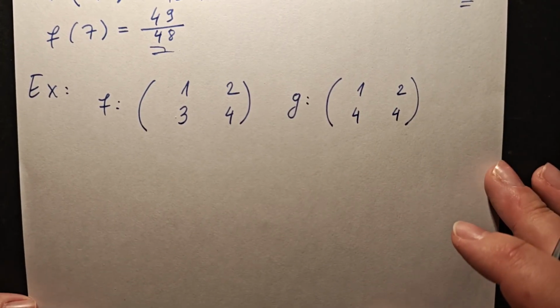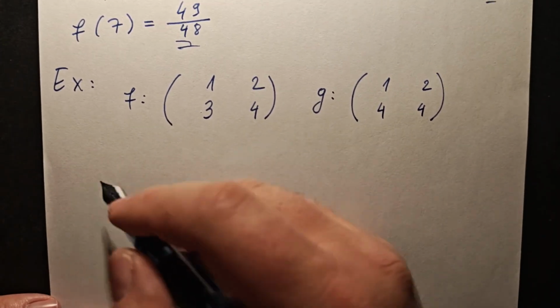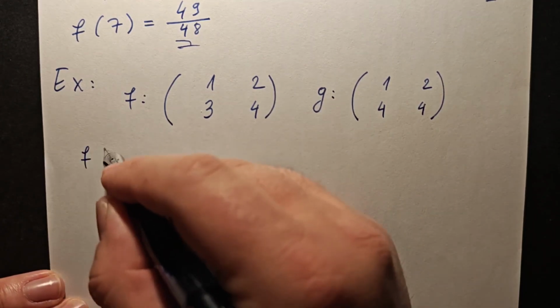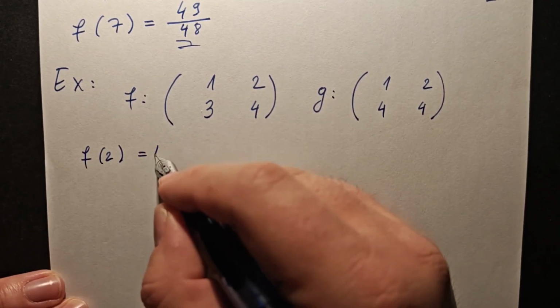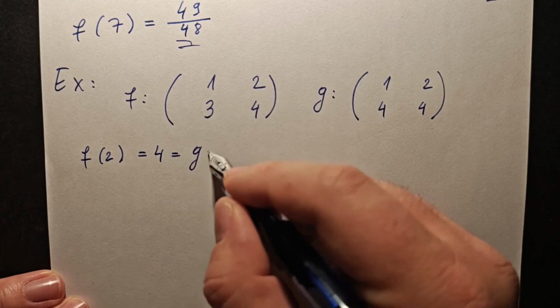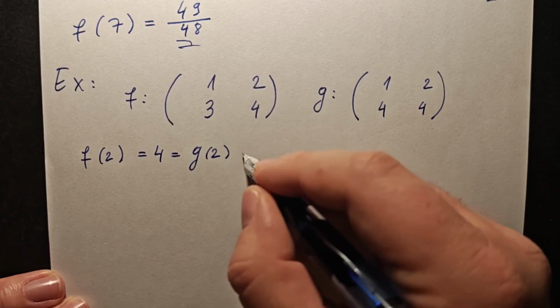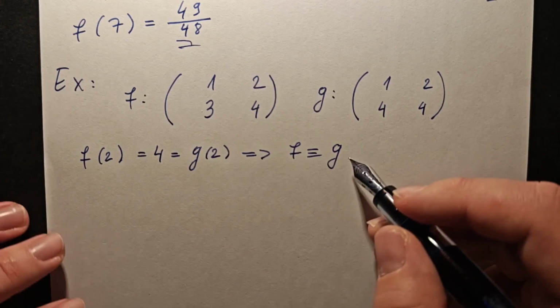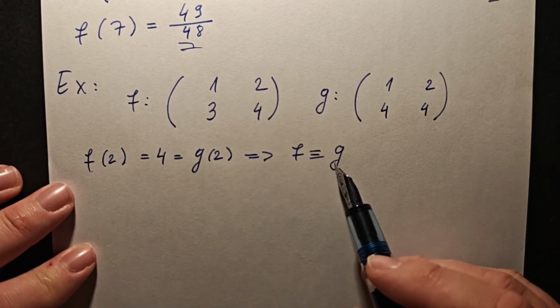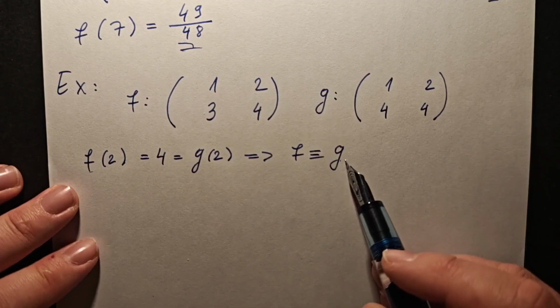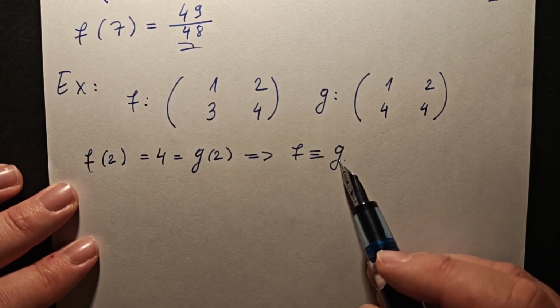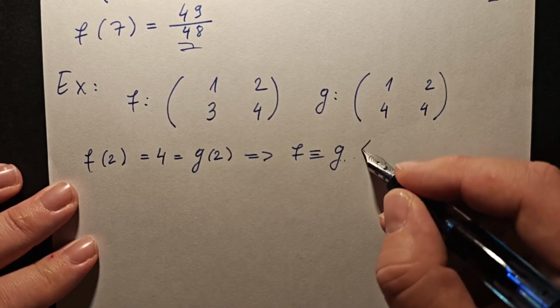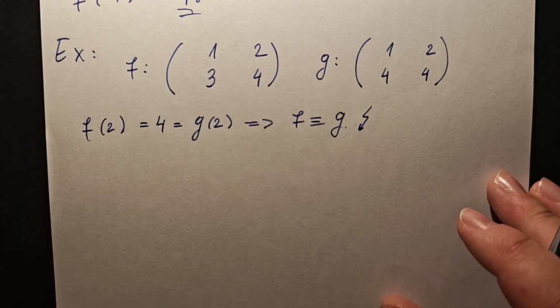If we follow the method for number 2 in the domain, we get that f of 2 is equal to 4, and that is equal to g of 2, and then f is the same function as function g. So this is the method, the logic, which is used by many students and my fellow YouTube creators, and that is just wrong. This is a contradiction.